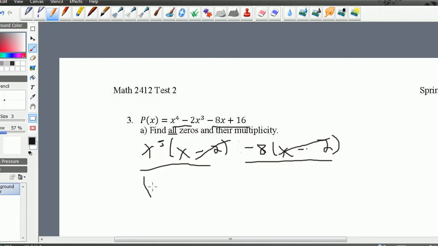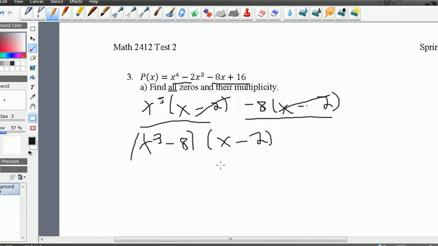I now have x cubed minus 8 times, put back a twin because I feel guilty. Now, you set each piece equal to 0. You have x cubed minus 8 equals 0. You have x minus 2 equals 0. So therefore you have x equals 2.